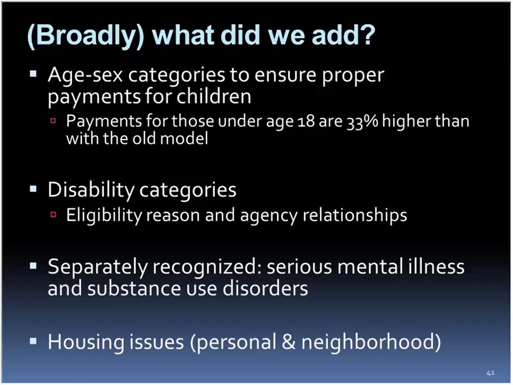We found that was important: about half the people in the state Medicaid program are kids under the age of 18, and there was a systematic underpayment, which we were able to fix by throwing that in.